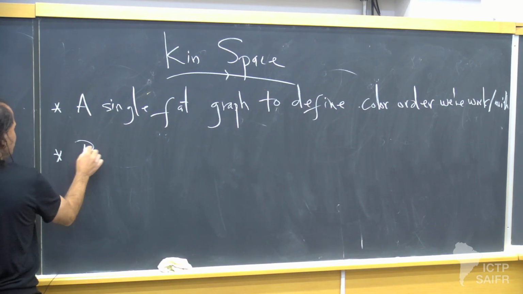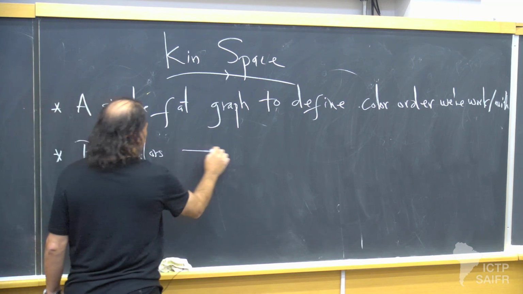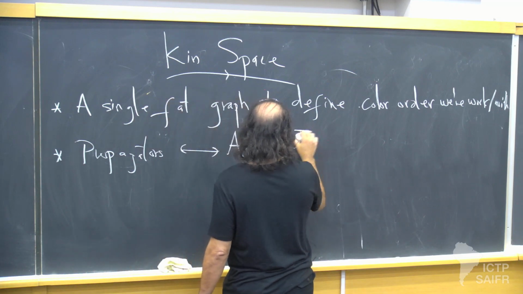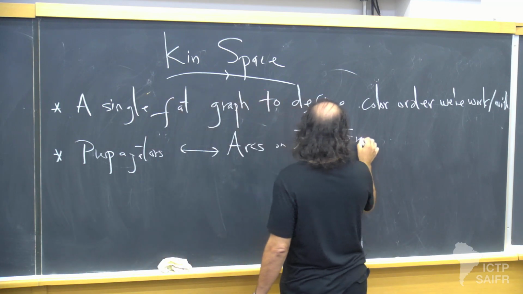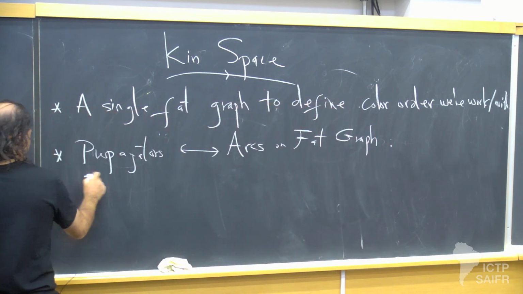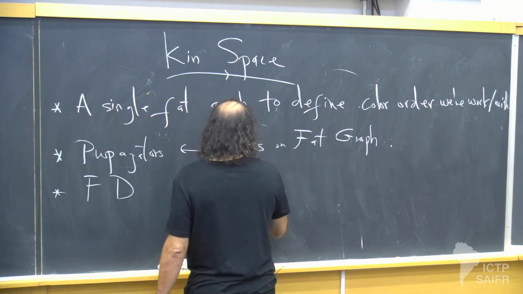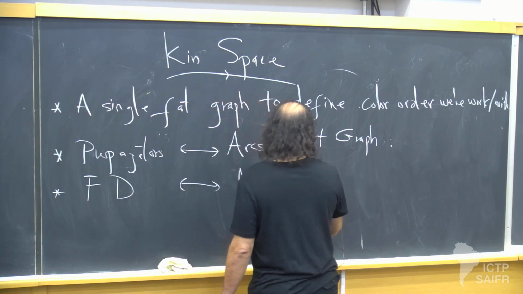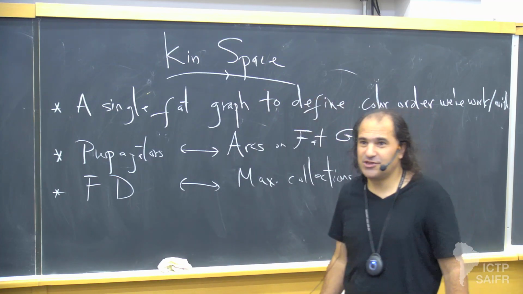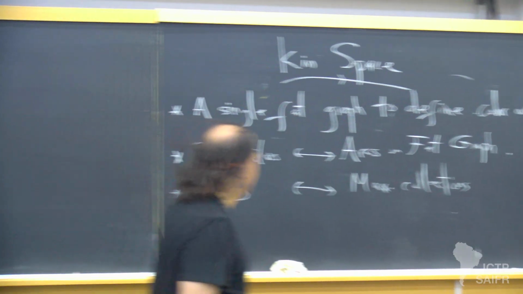The propagators are going to be associated with arcs on the fact graph. Feynman diagrams are associated with maximal collections of non-intersecting chords, but if I push the endpoints, they're non-intersecting arcs. Okay, it's exactly the same.